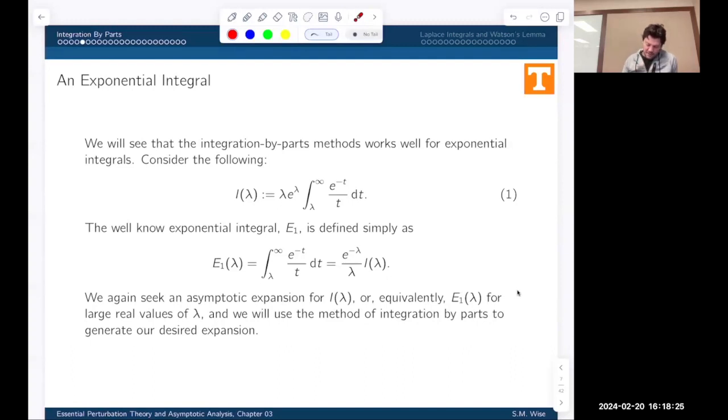These functions appear all the time. They also appear with different powers of t here, and we'll talk about those in a little bit. In any case, this is the same as I of lambda, except that it has a difference of a prefactor in terms of lambda. So if we get an asymptotic expansion for one, we'll have an asymptotic expansion for the other.